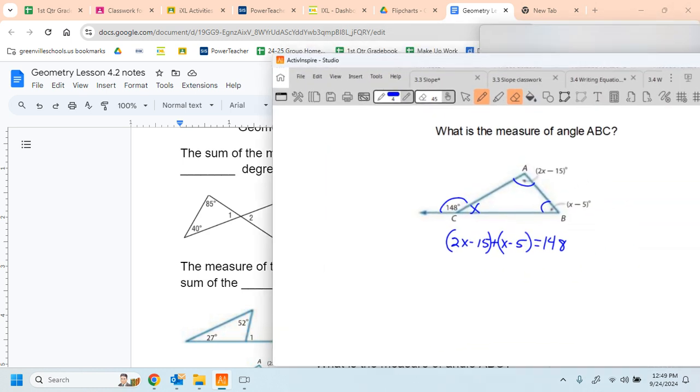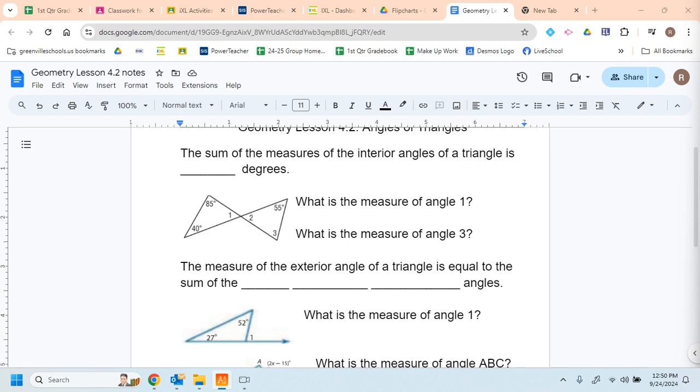When we do that, we plug in 2x minus 15 plus x minus 5. And you notice that I don't have to put the parentheses in. The original one is 148.